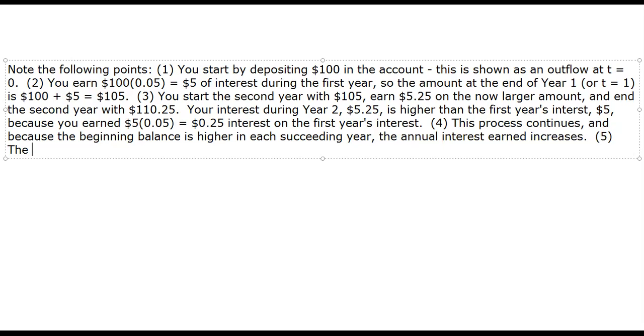So fifth point now, the total interest earned, which is $27.63, is reflected in the final balance at time equal 5 years, which is $127.63.